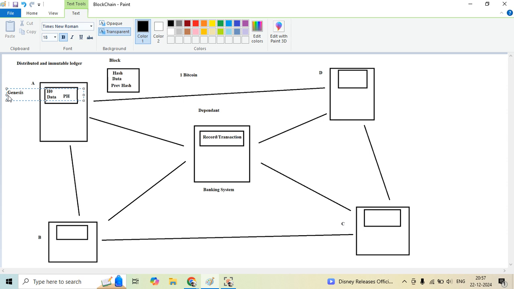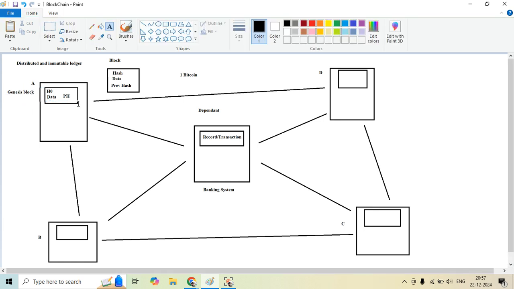That is known as the genesis block, and it will have its hash function, the data, and the previous hash function, which will be all zeros, for example.